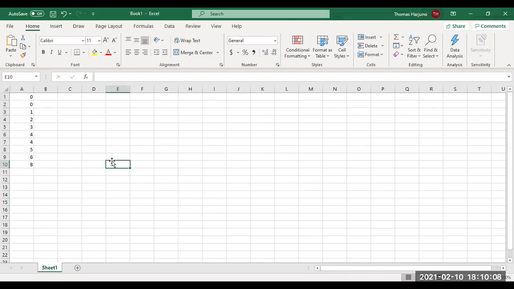Right now we have 10 data, like the one we have here. After I put them in order, 10 plus 1 is 11, divided by 2 is 5.5.